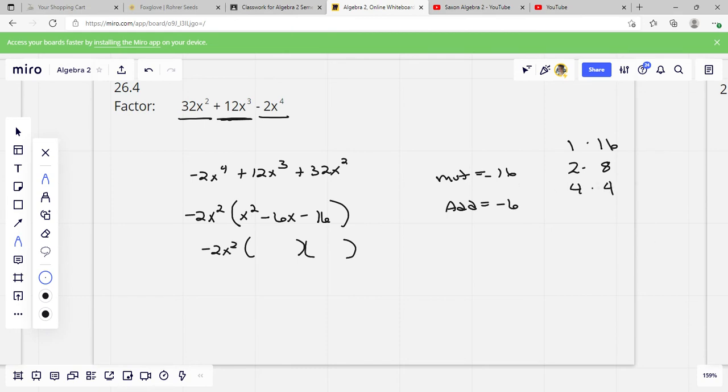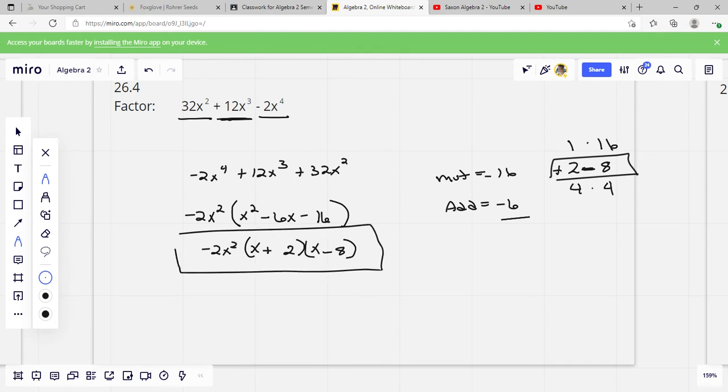Alright, so there they are. And I need 2 numbers that I can put together, subtract one from the other, and get negative 6. I'm pretty sure it's 8 and 2 right there. And if I do a negative 8 and a positive 2, I'm going to get negative 6. So I put x in each one of these, a 2 and an 8, and then my 8 would need to be negative, and my 2 positive. And there's the answer to that one.